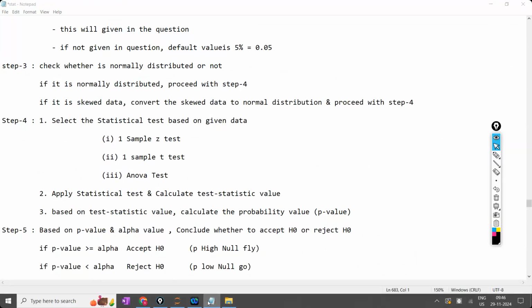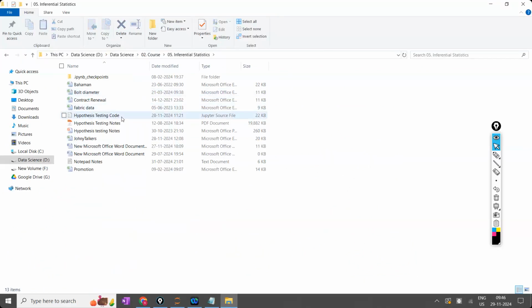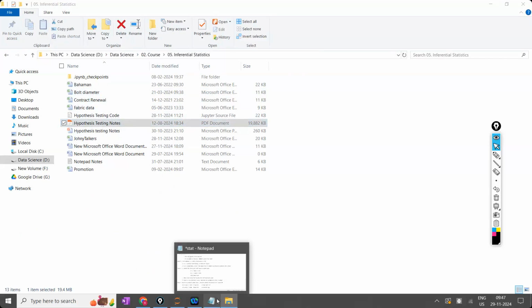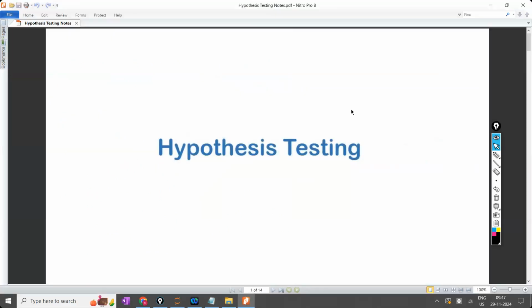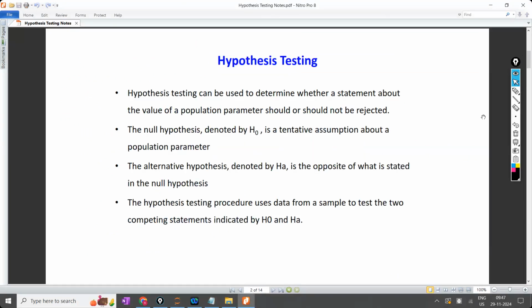Okay. Now in hypothesis testing, the first step is to formulate the null and alternate hypothesis. How are we going to formulate the null and alternate hypothesis? That is important.